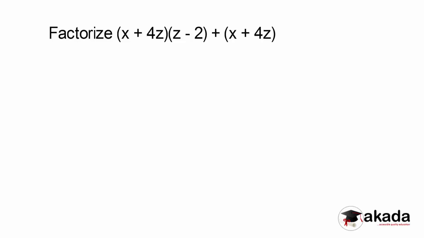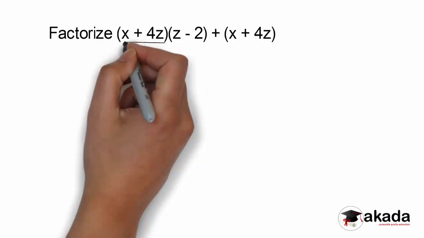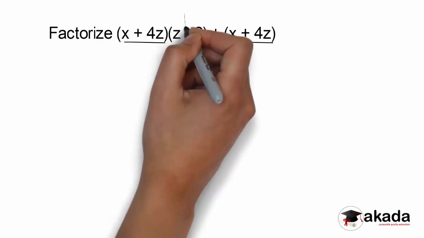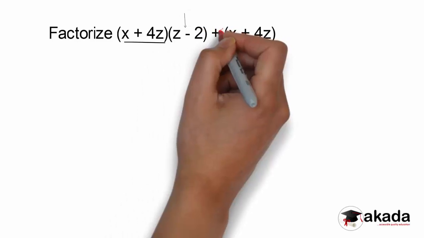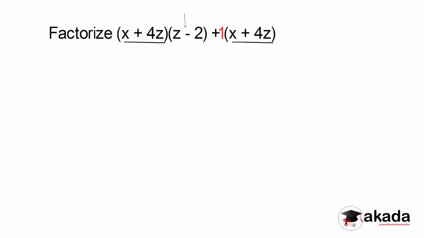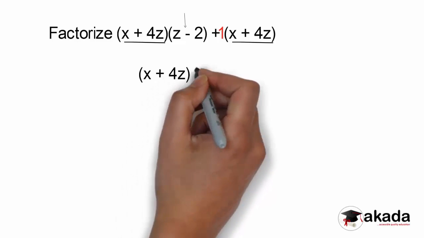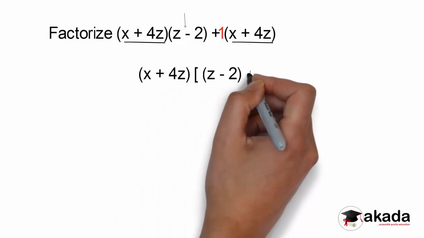If you check, you see that x + 4z is common to both terms. So when we bring out x + 4z, we have z - 2 to remain in the first term, and 1, which is the coefficient of the x + 4z here, to remain as 1. So here we have (x + 4z)(z - 2 + 1).